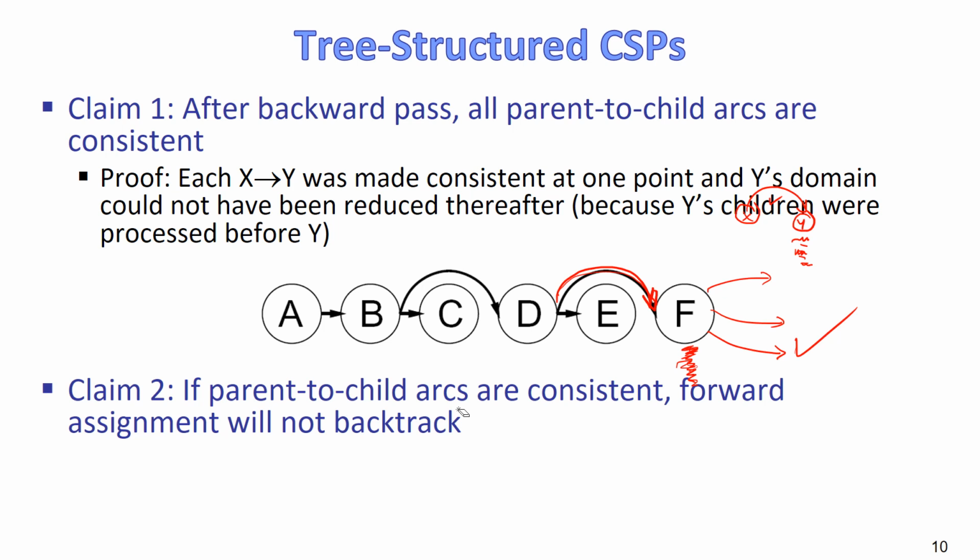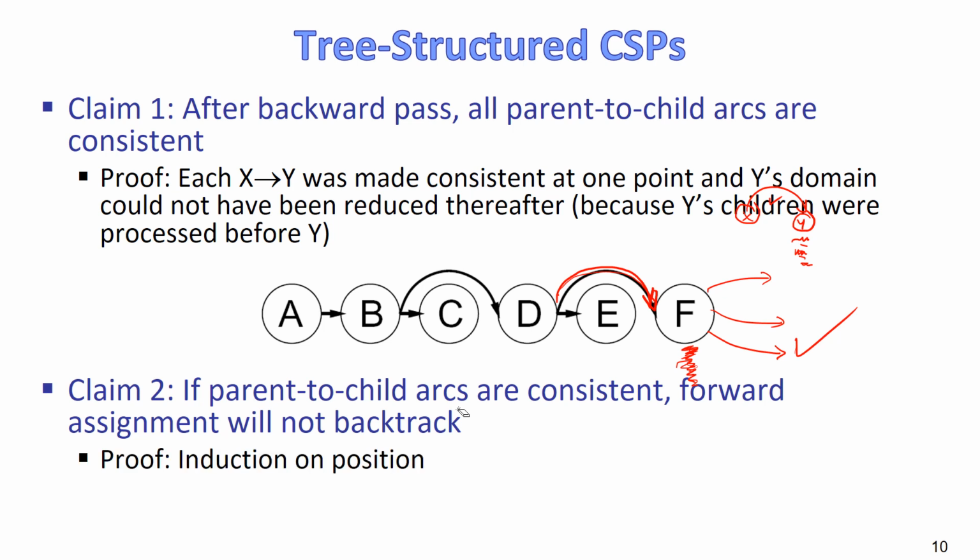Okay? So after we are done with step 1, the backward pass, if it's successful, which means that we made sure that all the arcs are consistent, then any value that I pick at any node will be consistent with its child. We will find the value in the child that is consistent. So we will just go forward and for sure find an assignment for the variables that will be consistent, and thus we will never need to backtrack.